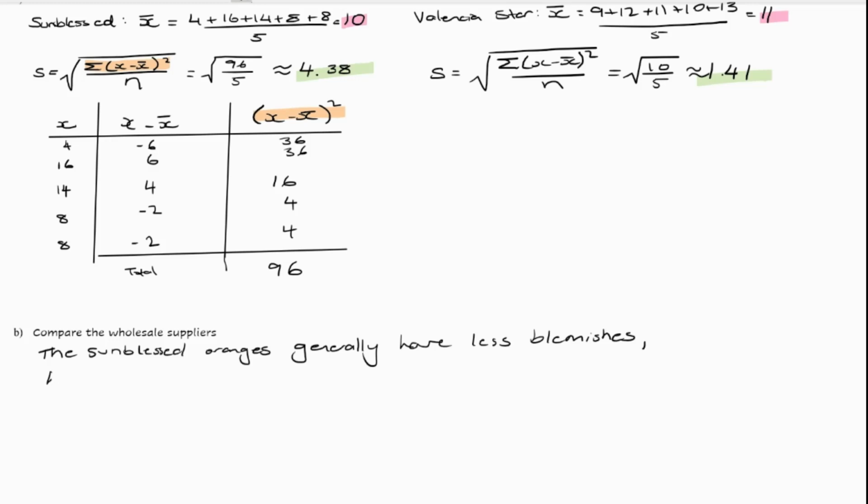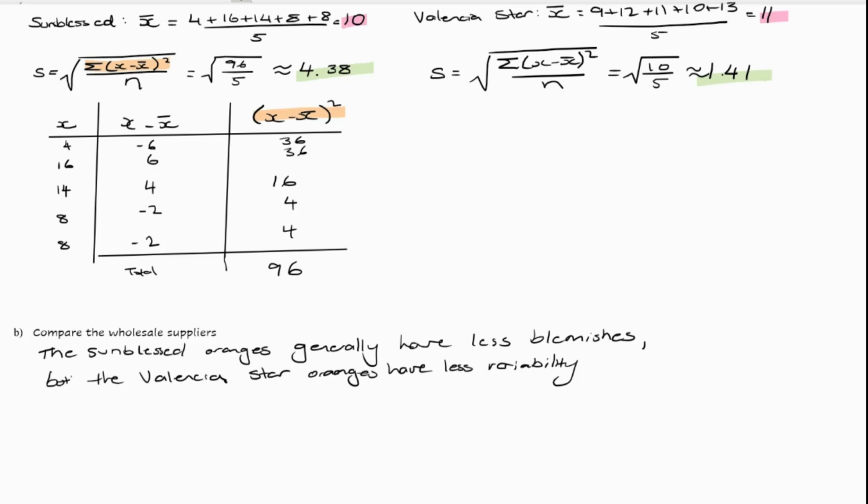However, the Valencia star oranges have less variability in the blemishes. So you could pick up a crate of Sunblessed oranges that could deviate quite far from the average of 10.